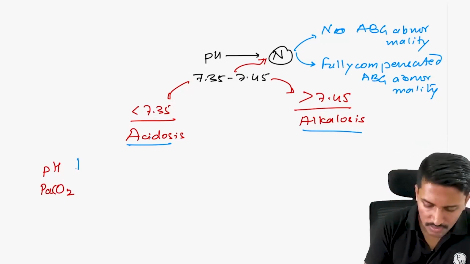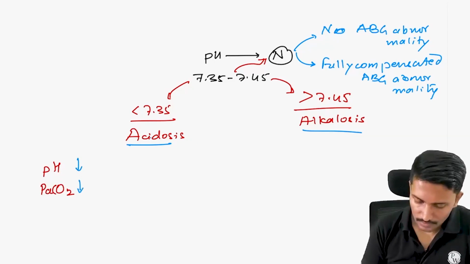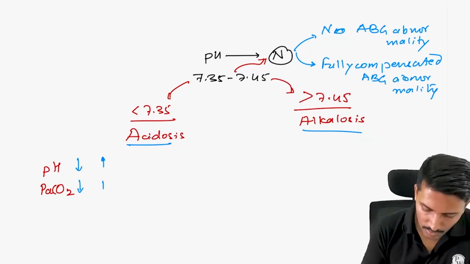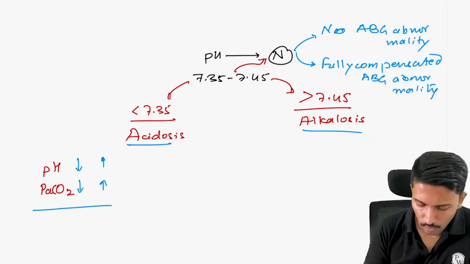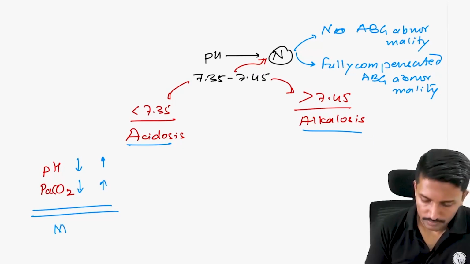Okay. Now, if the pH is decreasing and PaCO2 is decreasing, or if the pH is increasing and PaCO2 is increasing, in both those conditions the problem has to be metabolic.